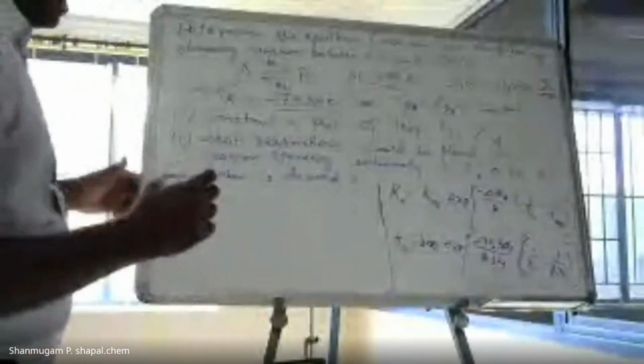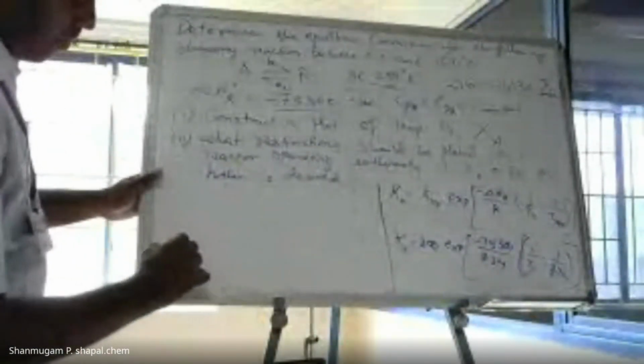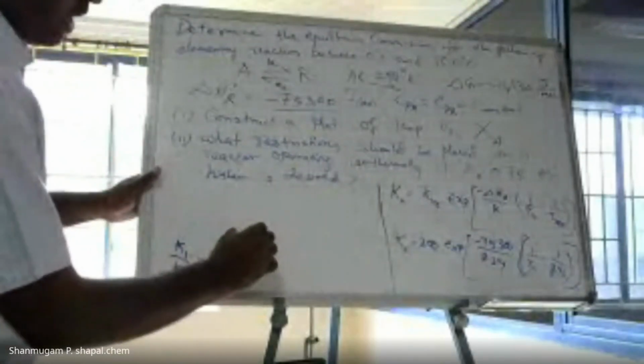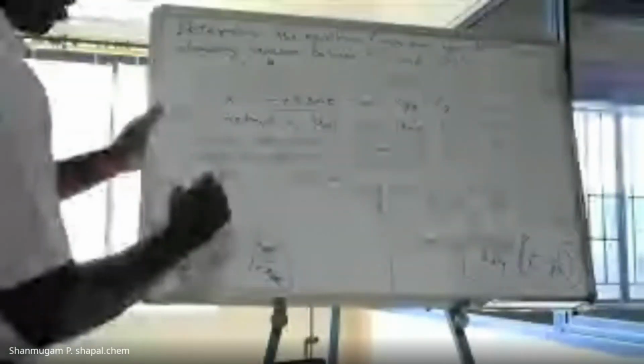Previously I explained that K1 by K2 equals K here.